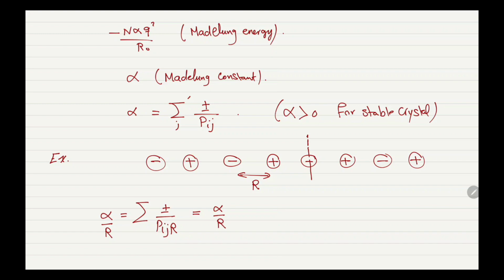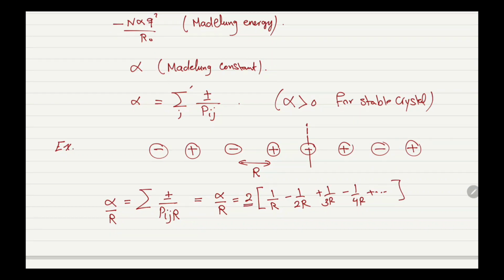Alpha over R equals 2 times [1 over R minus 1 over 2R plus 1 over 3R minus 1 over 4R, et cetera].